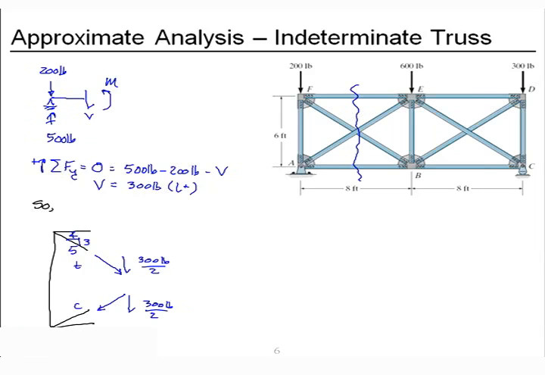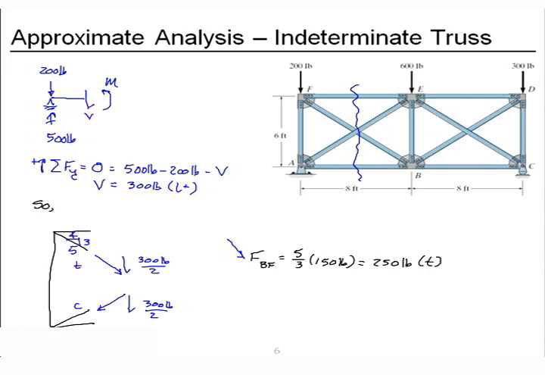So let's calculate for member BF. Using our geometry, the axial force is going to be 5/3 of the vertical component, which is 150 pounds, which means we'll get 250 pounds.